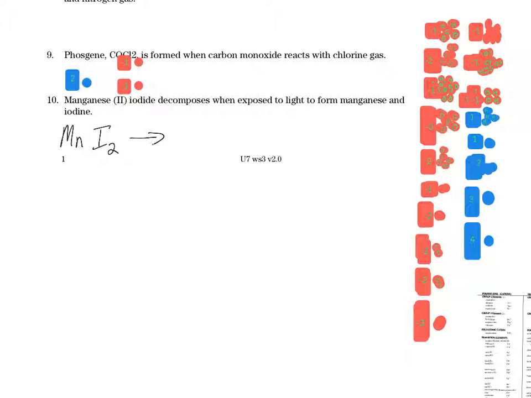It says it decomposes when exposed to light to form manganese and iodine. Now iodine is a diatomic element. When you spell out Brinkelhoff, iodine is one of those diatomic elements, so I need to write it down like this.